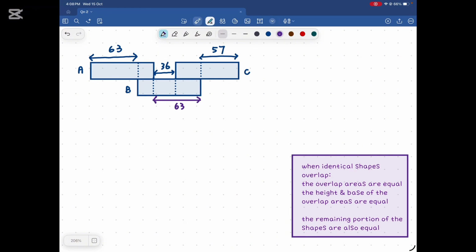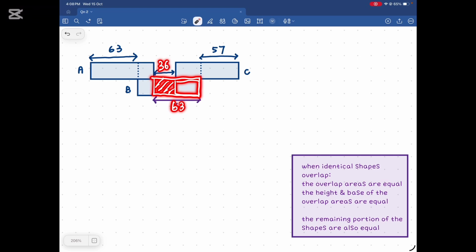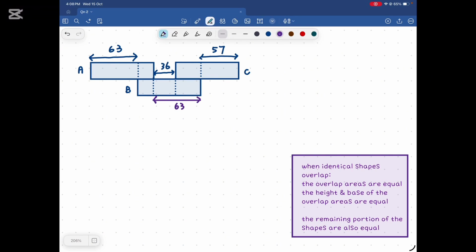With this information, I know that this rectangle is 63 and part of it is 36. We can now find the white small rectangle by taking 63 minus 36 equals 27. So the length of this rectangle is 27.